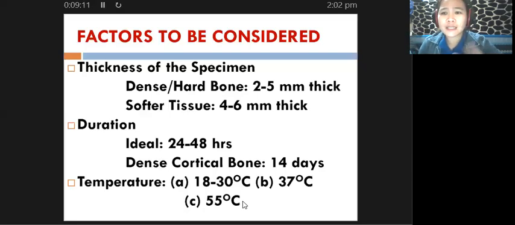So what's the significance of this? Remember that the ideal decalcification duration is 24 to 48 hours. However, if you are going to perform the decalcification process at 55 degrees Celsius for 24 hours, pagbalik mo, wala na. Pagbalik mo, wala na yung tissue.